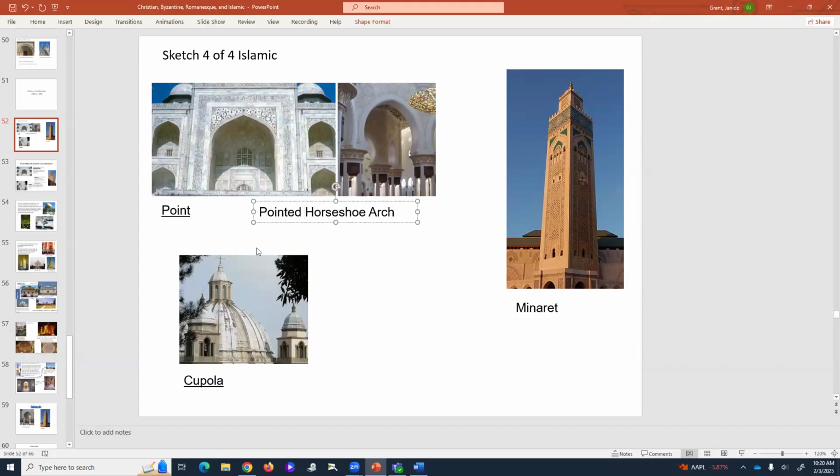Pointed horseshoe arch. And if you already put something in there, that's fine. I just want the idea behind it, the elements of it. You've got the arches, which are pointed, but more like horseshoe kind of. I would try to explain it in the first one. And if you drew 1 or 2, that's fine.